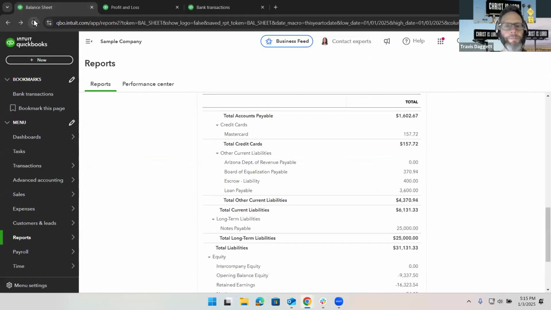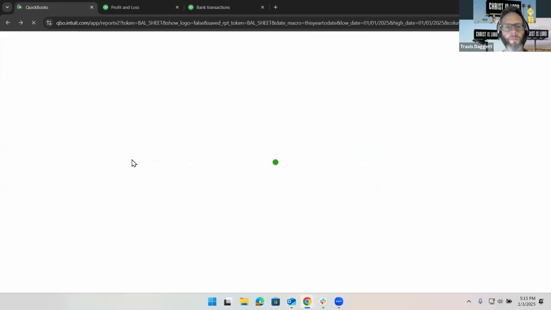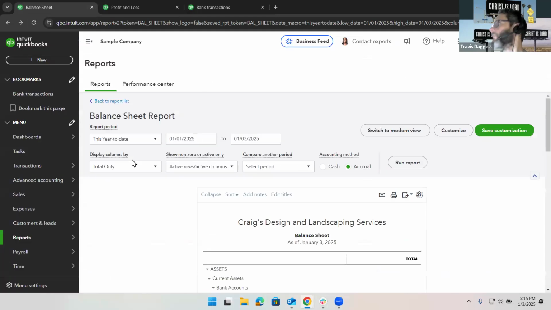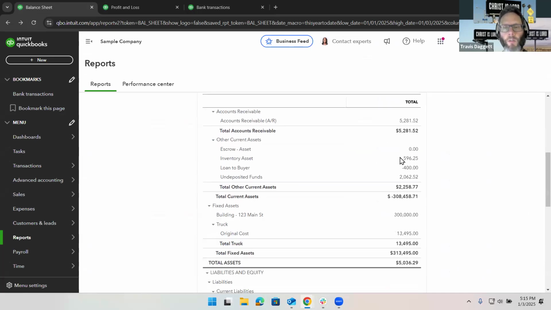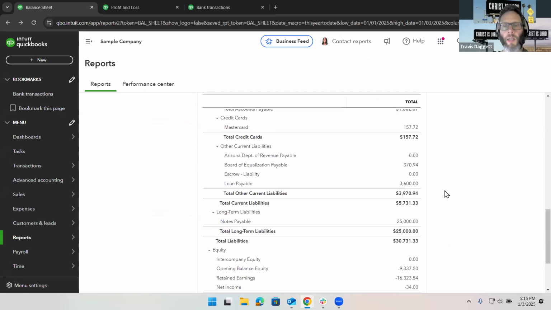Let's see how that affects, first of all, the balance sheet. Okay. Our escrow asset is down to 0. That's great. That's correct. And our escrow liability is washed out. Perfect.